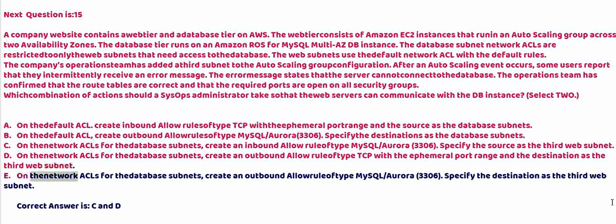E. On the network ACLs for the database subnets, create an outbound allow rule of type MySQL/Aurora 3306. Specify the destination as the third web subnet. Correct answer is C and D.